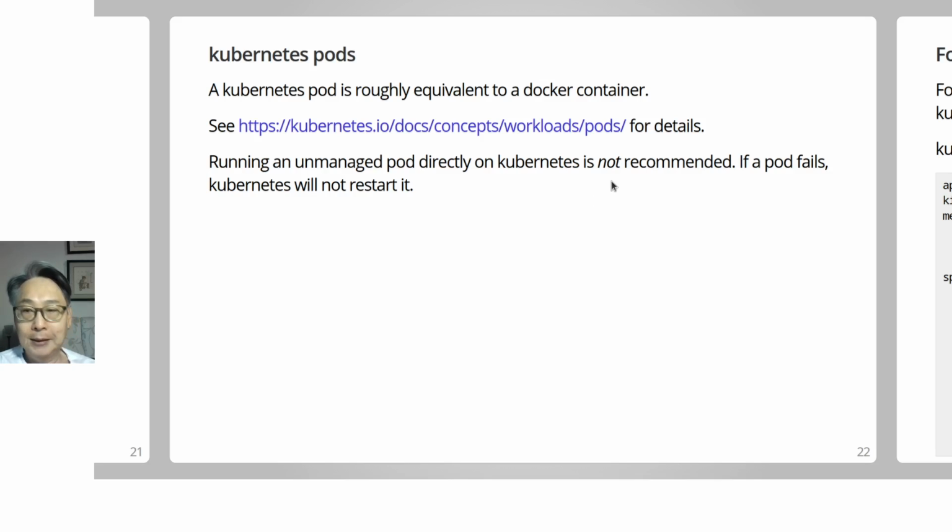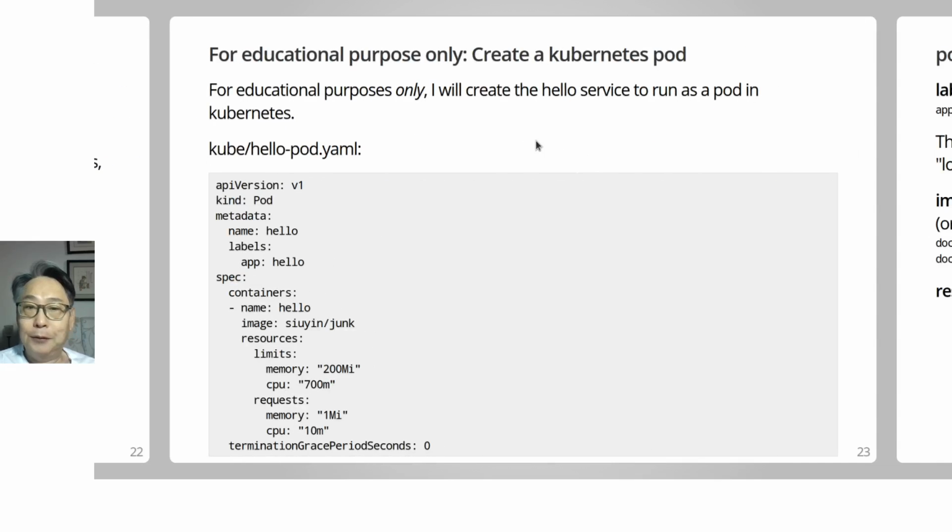Why? If that pod fails, Kubernetes will not restart it. It will just let it fail and say, well, you know what you're doing. You're running a one-off pod. If it fails, it fails. So for educational purposes only, let's create an unmanaged Kubernetes pod.